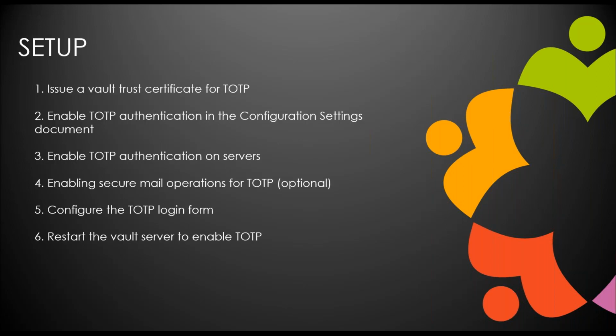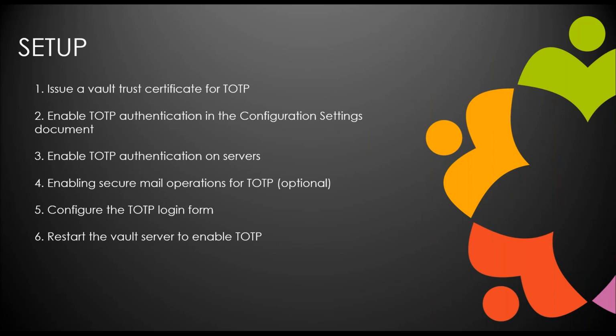The setup is pretty easy. It's just 6 steps, as you see. First of all, you need to issue a Vault Trust certificate for TOTP. Enable TOTP authentication in the configuration settings document. Enable TOTP authentication on servers, and there are 3 different ways to do that.